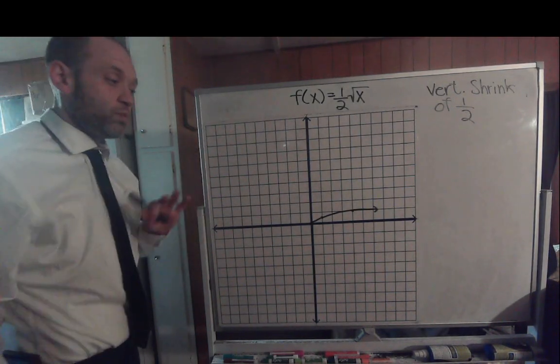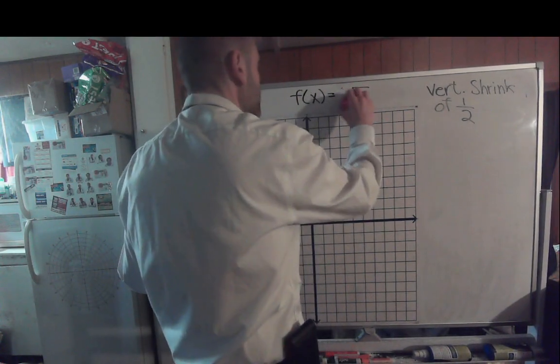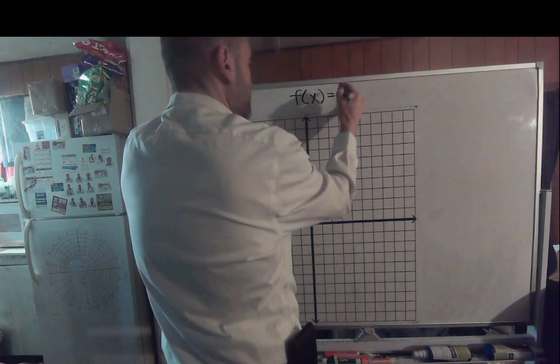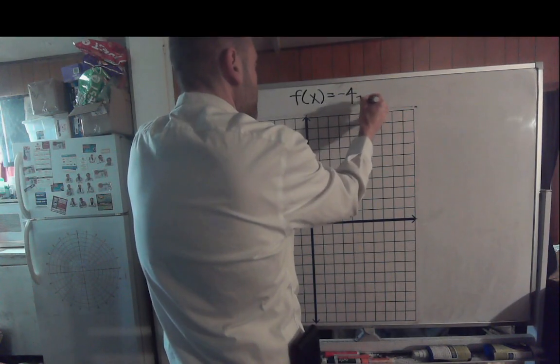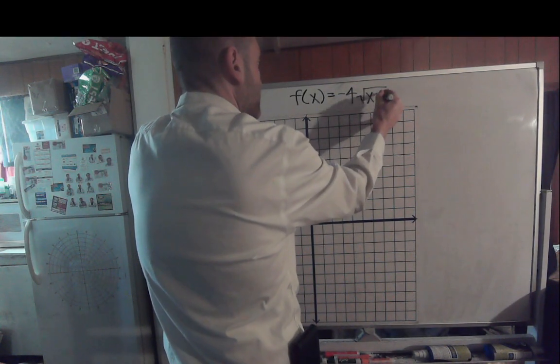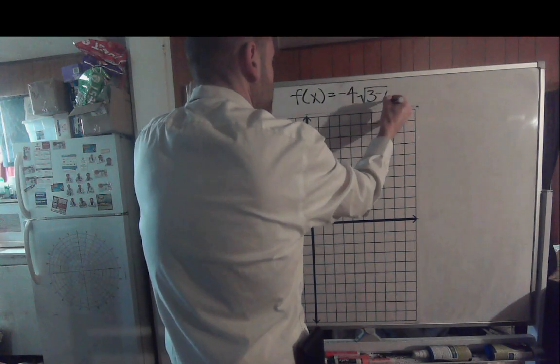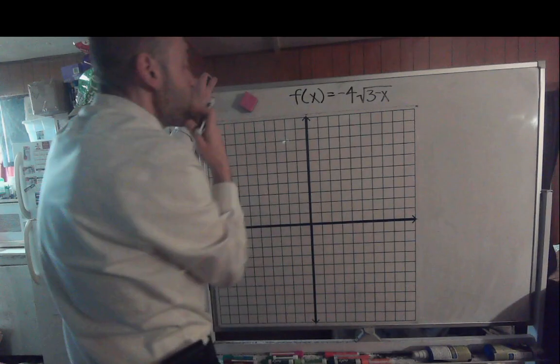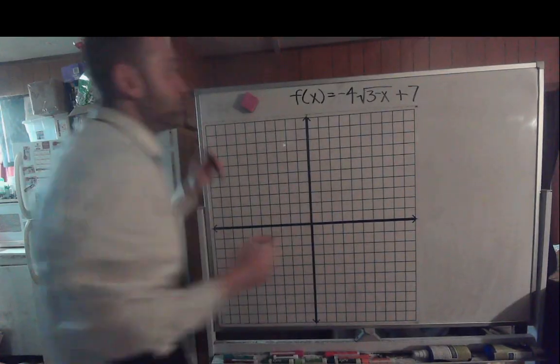All right, let's do one more problem here, one more graph where we apply a bunch of transformations. So f of x equals negative 4 times the square root of... actually, no. Let's do 3 minus x, plus 7.